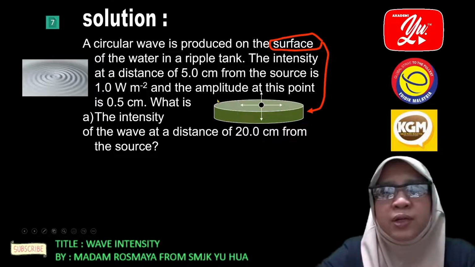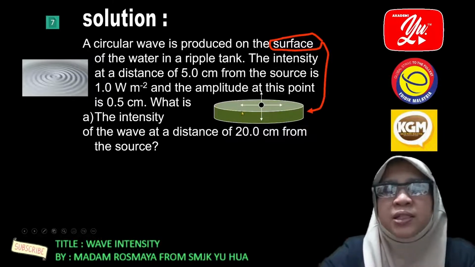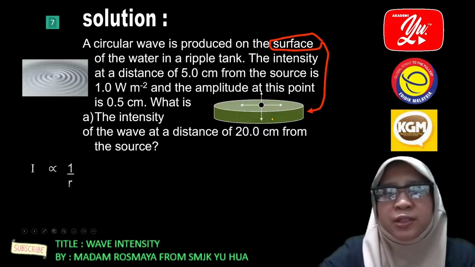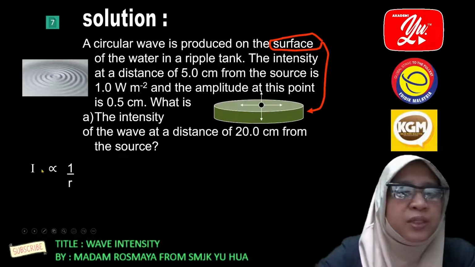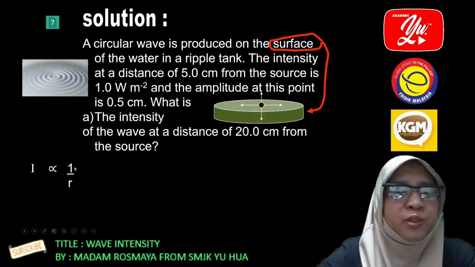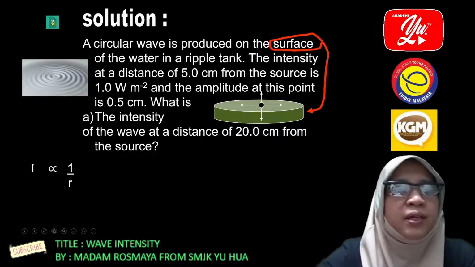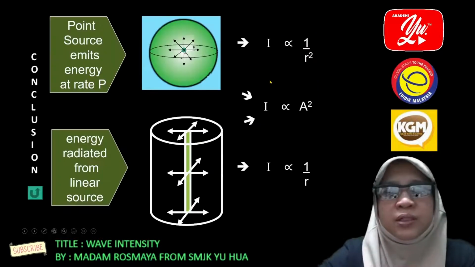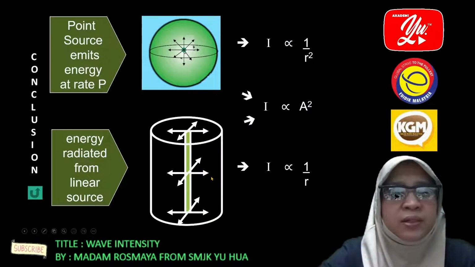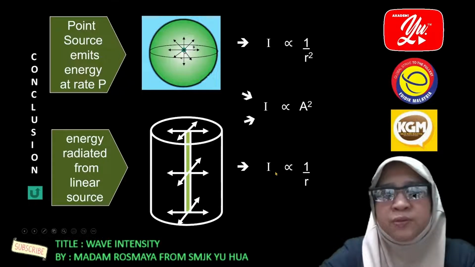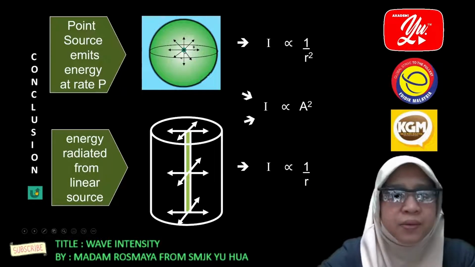Therefore, the wave at distance r forms a cylindrical surface, so we use intensity directly proportional to 1 per r. We go back to the equation just now. The source is linear, so we choose this formula: intensity is directly proportional to 1 per r.